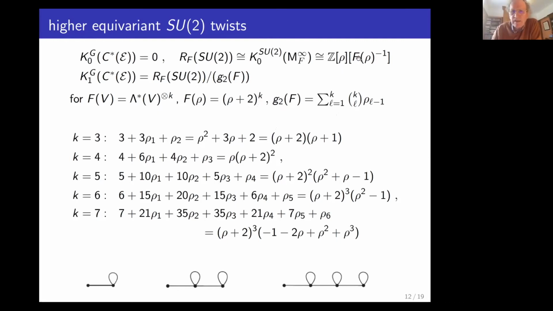So I can forget about the localization in the case when K is odd, and it's just the representation ring of SU2 divided out by certain polynomials. And if we choose our generators carefully, we can get these fusion rules appearing here. So this is for K equals 5, K equals 7, and K equals 9. So there are 2 irreducibles which have these fusion rules, and then 3 irreducibles here, and so on.